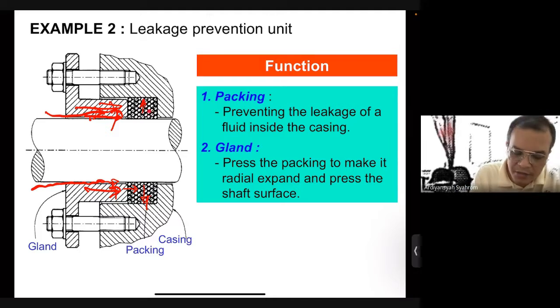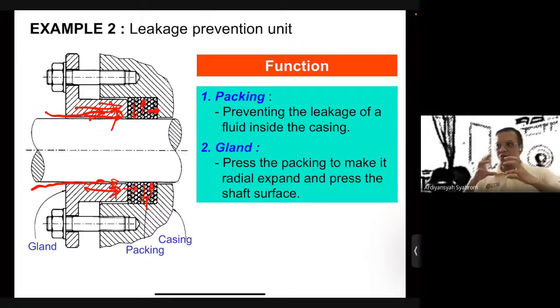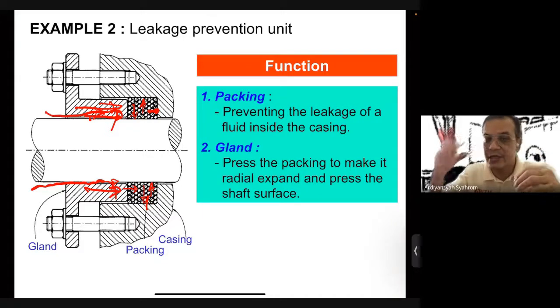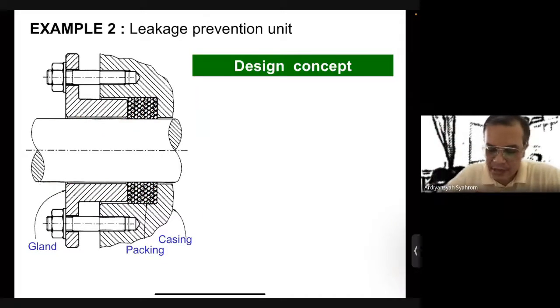They will push here and also in that direction, so it will clamp the packing. The packing will press the shaft, and that is to prevent the leaking too. That is the concept.